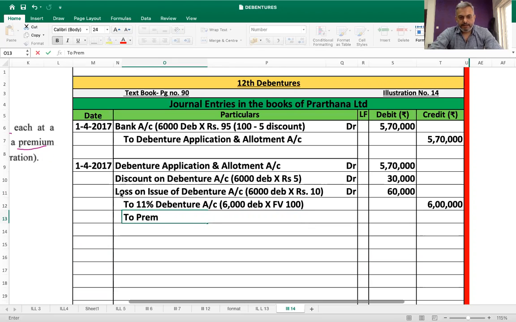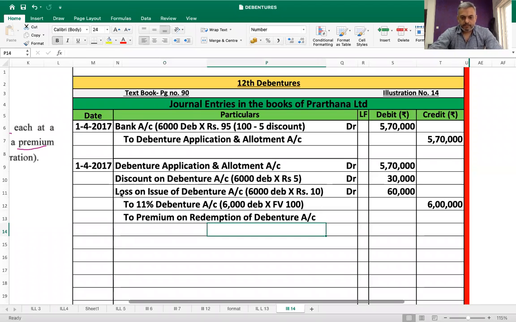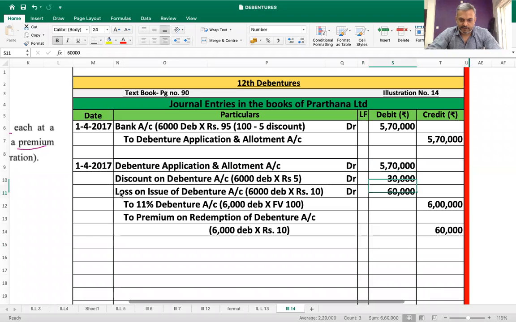To premium on redemption of debenture account, the liability I'm creating which I have to pay after 6 years, 6,000 debentures into rupees 10, 60,000. Always cross verify, debit should be equal to credit, 6 lakh 60, 6 lakh 60. Close it.